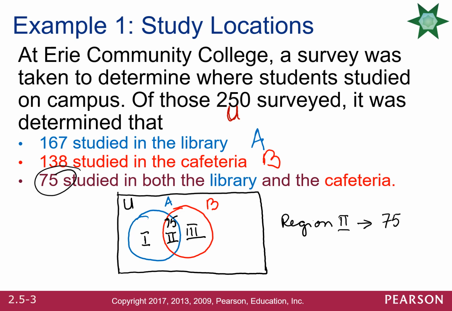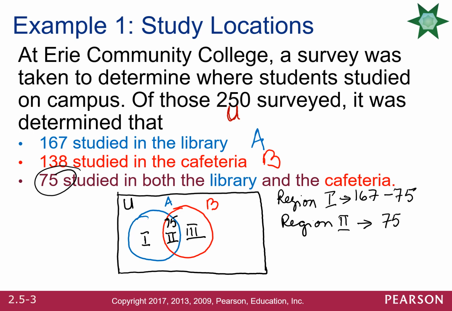And then what about region 1? Region 1 will be 167 minus the 75, because region 1 excludes those students who appear in the intersecting region. You have to subtract that from the total number of students who study in the library. So that would be 167 minus 75.